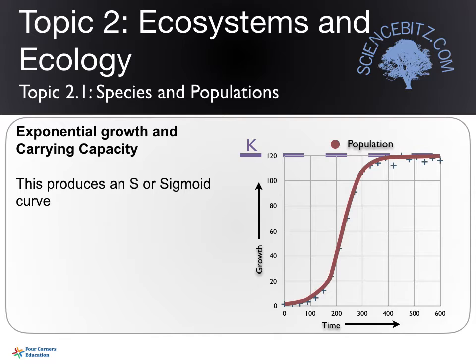This is because the resources that were available to the bacterial cells have started to be used up. There's a limited number of resources, so the population can only sustain a certain level. We call the level that the environment, in this case the petri dish that the population is growing in, can sustain the carrying capacity of the environment. And ecologists use the letter K to represent this.